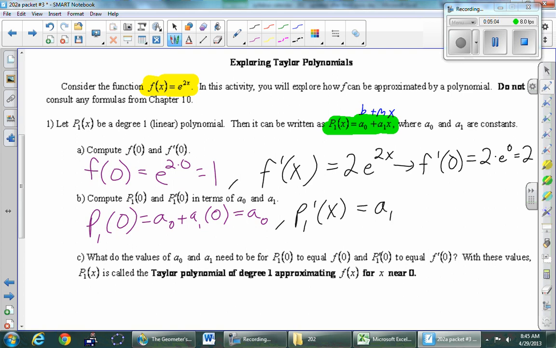It's just a sub 1. Right? No x's left over. So it's kind of funny, but I could then find p sub 1 prime of 0, which is what I'm asked for. What is it? It's a sub 1, because p sub 1 prime of anything is a sub 1. All right, so lots of symbols. Any questions so far?